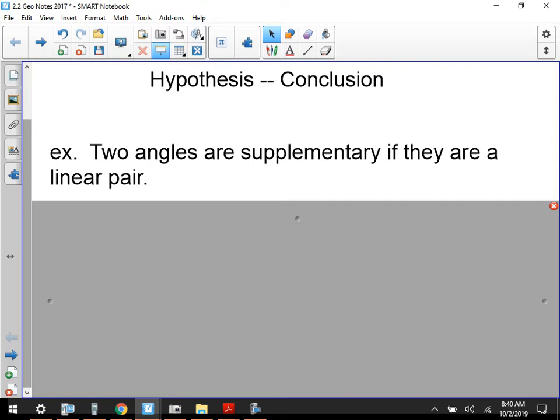So if I'm looking at "two angles are supplementary if they are a linear pair," you have to think about what is the hypothesis versus what is the conclusion. In this case, what would you call the hypothesis?